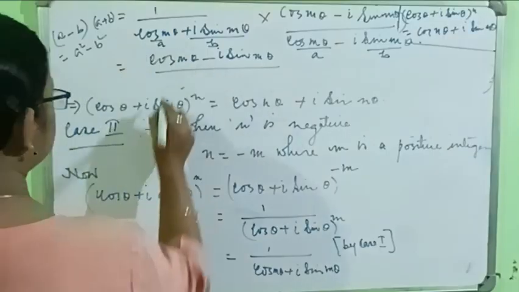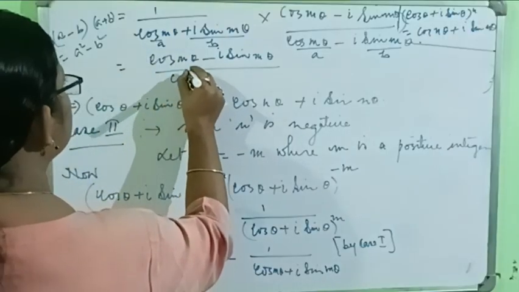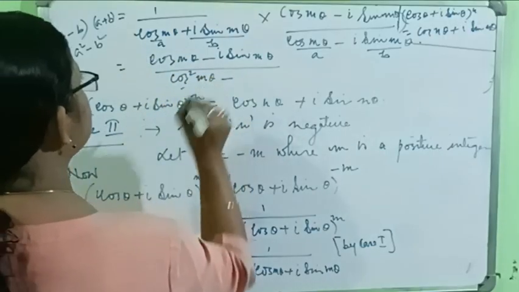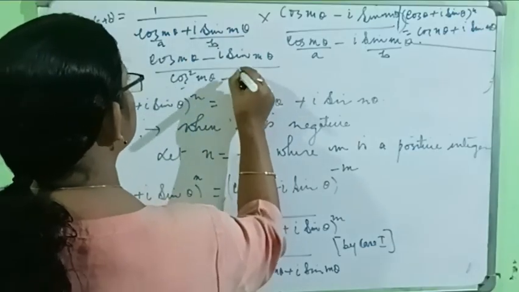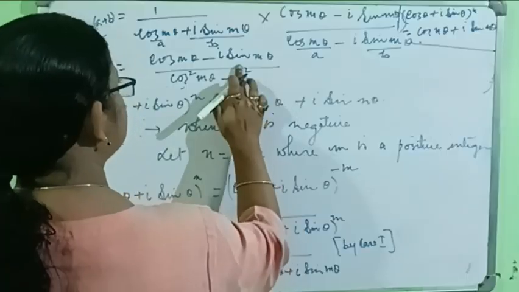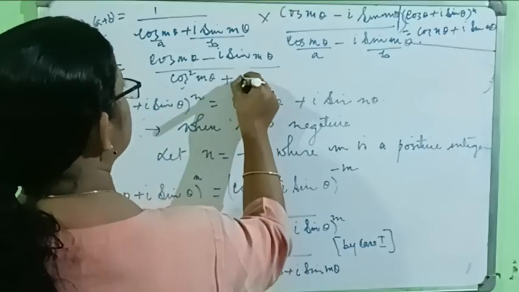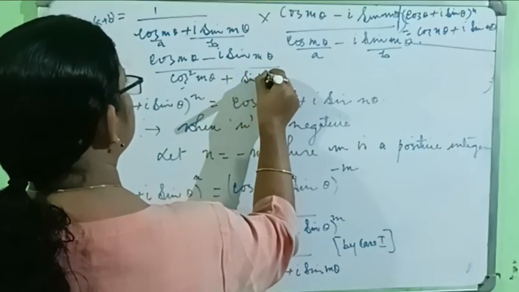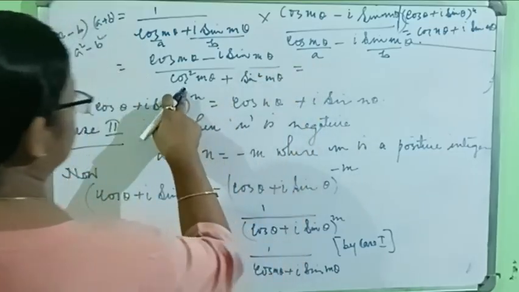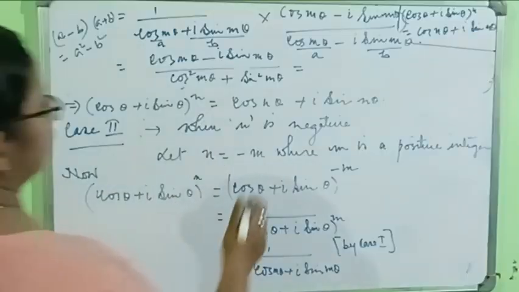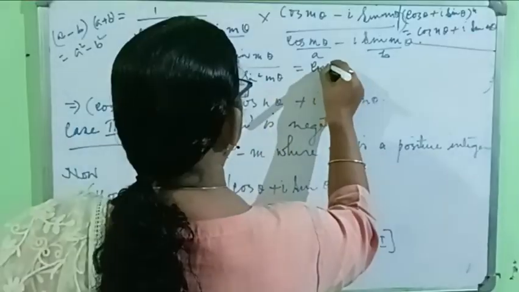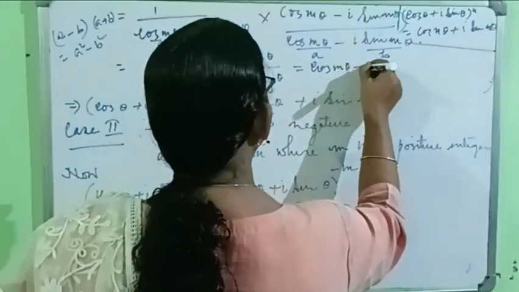Here a square is cos square m theta minus i square, and i square is minus 1, so plus sin square m theta. In the denominator it is 1.